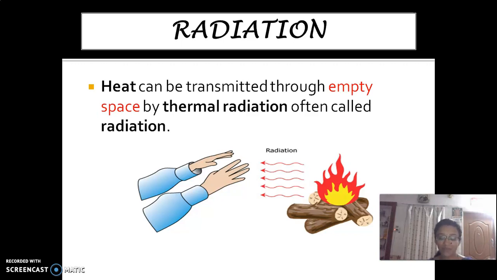If something is heating there, and we pass through or come over that place, we are able to feel the hotness. Why? Because the heat is radiated. So this is radiation. This takes place in an empty place, where there is no air. This radiation process can take place there.